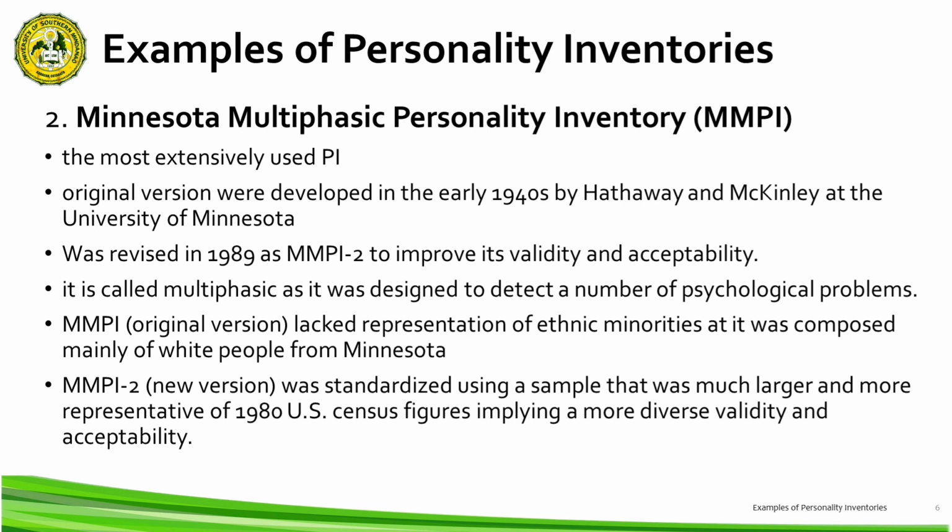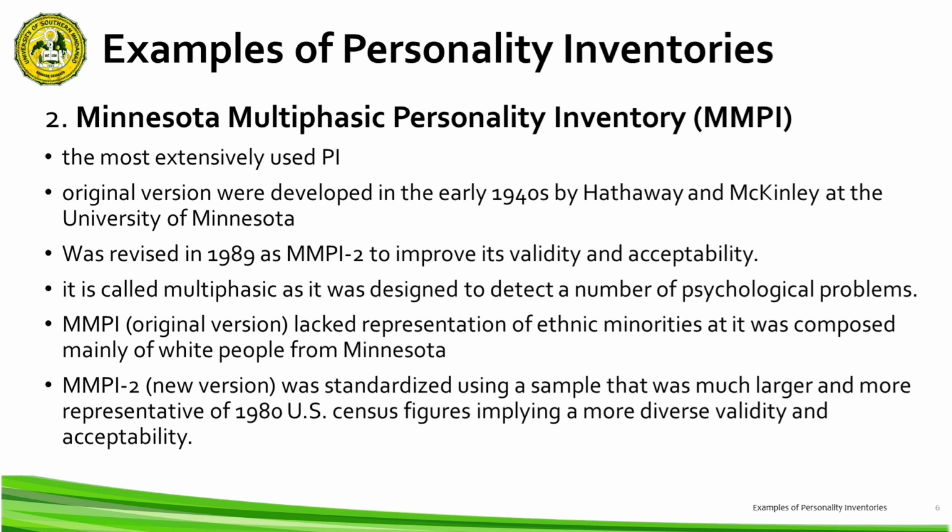Hence the name Minnesota Multiphasic Personality Inventory. So like the usual, the first version of tests developed has some limitations or drawbacks, and so it was revised in 1989 to improve its validity and acceptability with the name Minnesota Multiphasic Personality Inventory 2nd Edition, or MMPI-2.